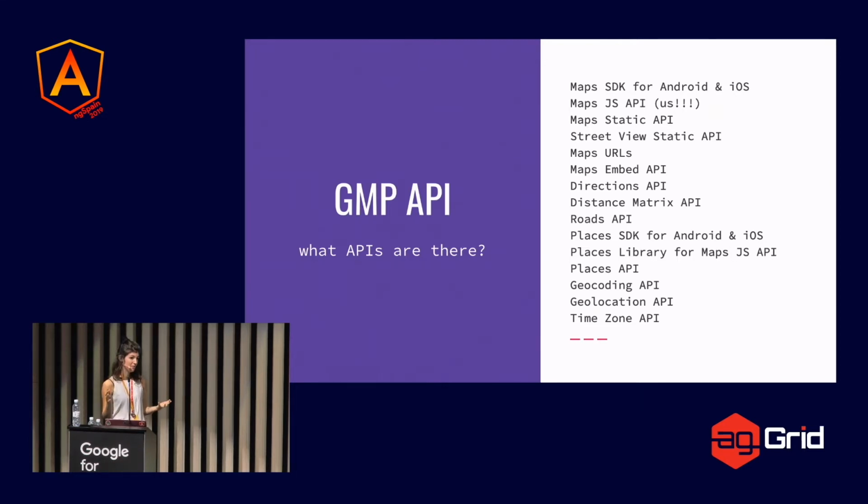You have the Maps Embed API if you want to just embed a map on your website. The Directions API, which is what it is. The Distance Matrix, where you can calculate real-world distances between places on Google Maps. The Roads API, which covers all the roads and networks of roads on Earth. The Places SDK and the Places library for JavaScript, which again gives you access to all the places on Google Maps.